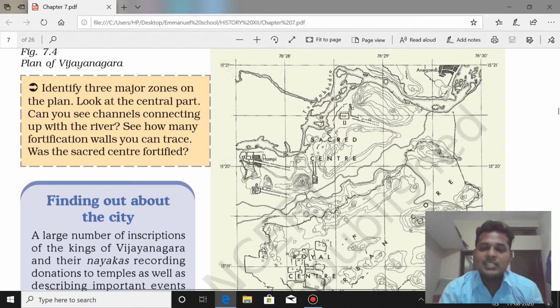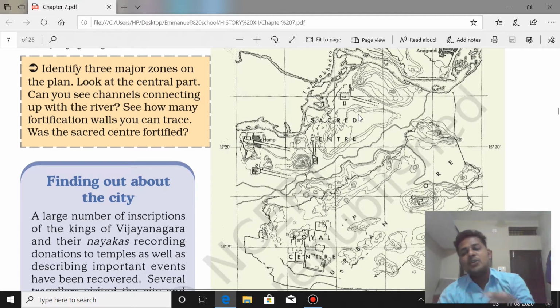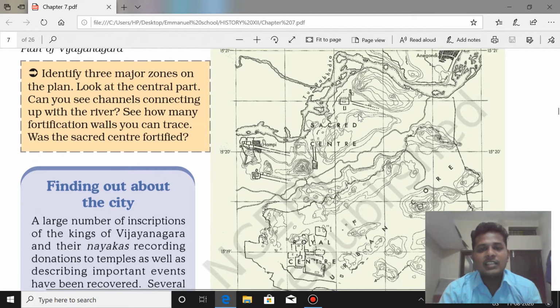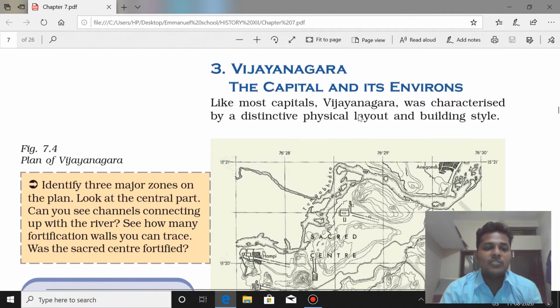So these are the three important divisions of Vijayanagara Empire, the three important physical layouts: royal center, urban core, and sacred center. We will be studying the royal center and urban core. The sacred center, of course, we will see in the next session.